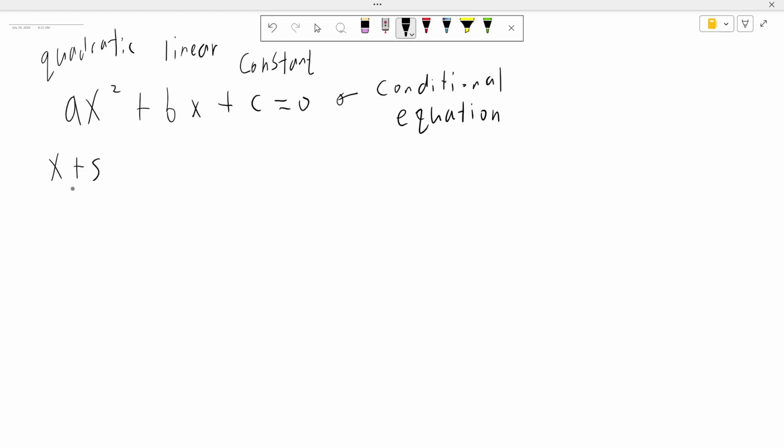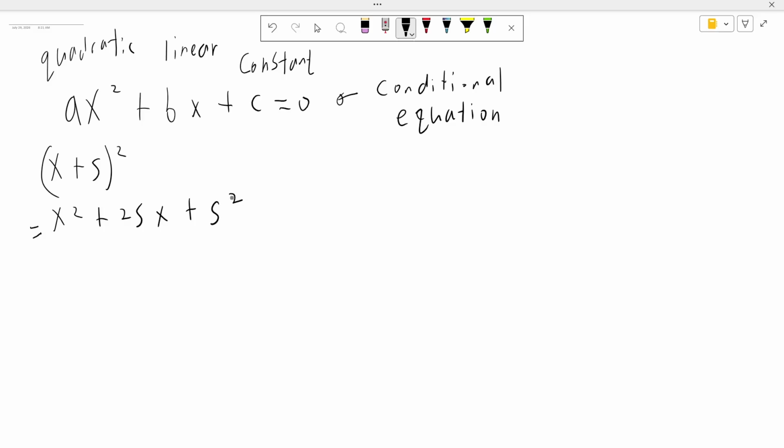This is a binomial, and if you square a binomial, you can get it to something that looks like the quadratic equation. It's starting to look a little bit similar.